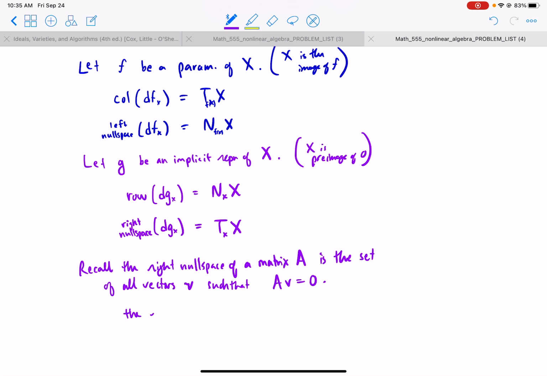The left null space of a matrix A is the set of all vectors V such that V transpose A equals 0.